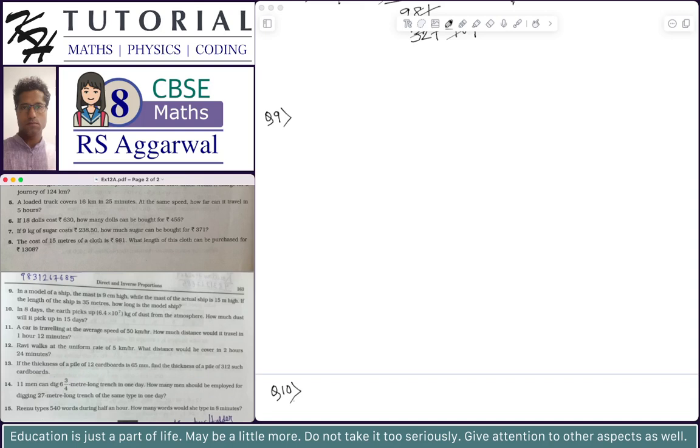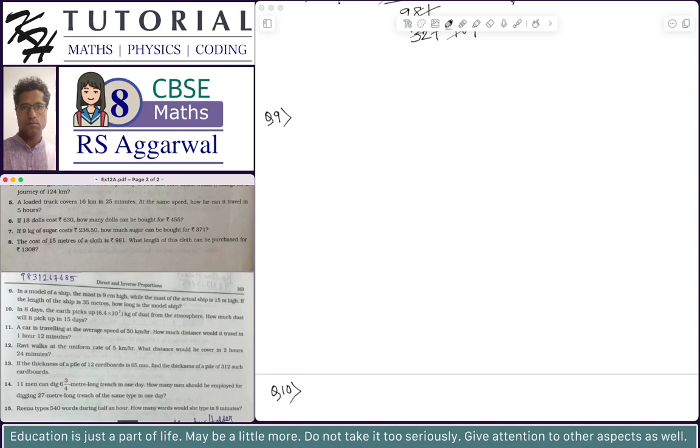So basically it is comparing the model of a ship and the actual ship. Now it is saying that in the model of a ship, the mast, I don't know what a mast is, might be some structure of a ship anyway. The mast is 9 centimeter high in the model, while the mast of the actual ship is 15 meter high.